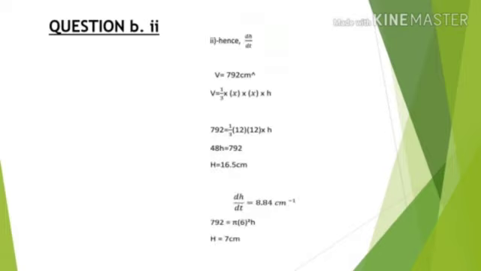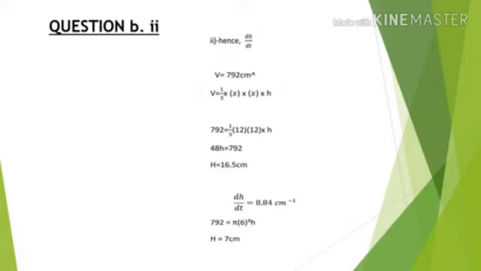Okay, for question B Roman 2, the answer must be related to question Roman 1. The question gives a volume of water of 792 cube and asks how it affects the water level when poured into the square base pyramid container.